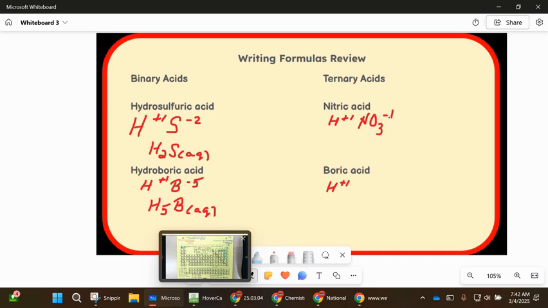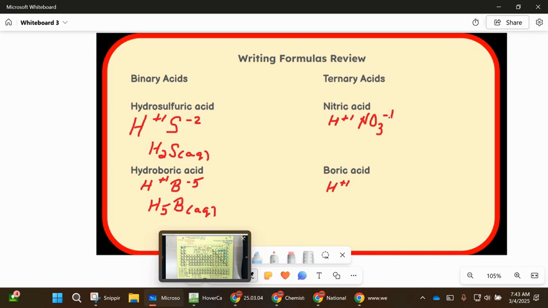But here's what I want you to understand. You will never put the polyatomic in an acid in parentheses. Why? You're always putting a 1 by it. The charge of hydrogen is never going to change. So therefore, you're always going to be bringing a 1 down by this nonmetal or polyatomic. So you don't have to put anything by it.